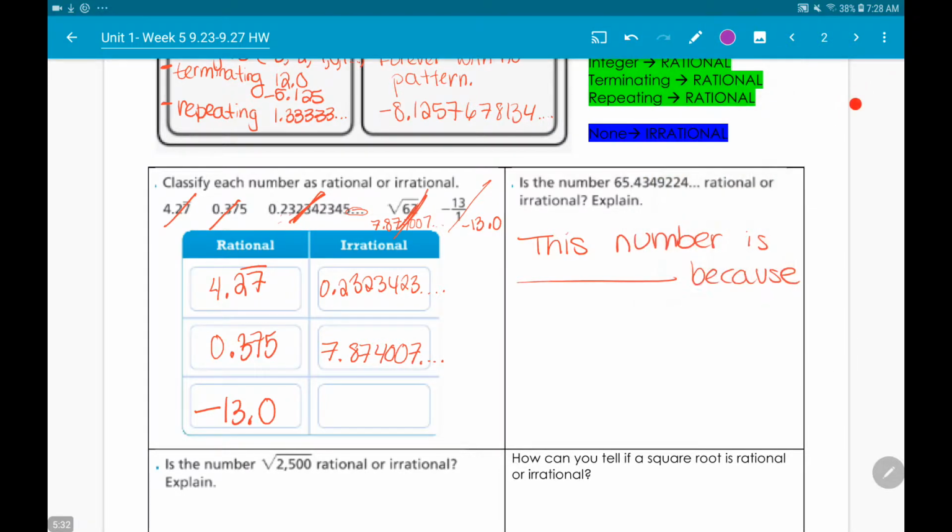It is irrational because it goes on forever without a pattern.